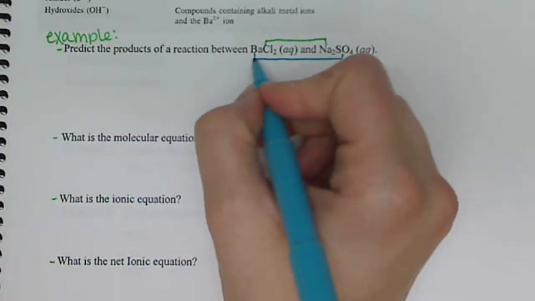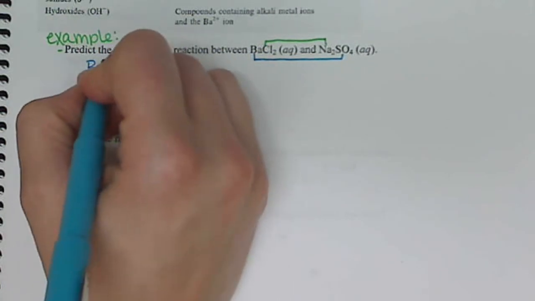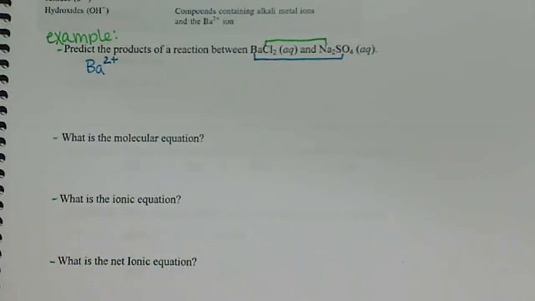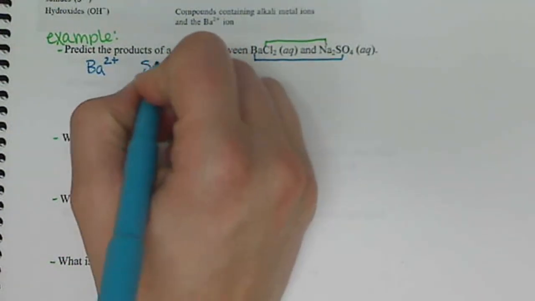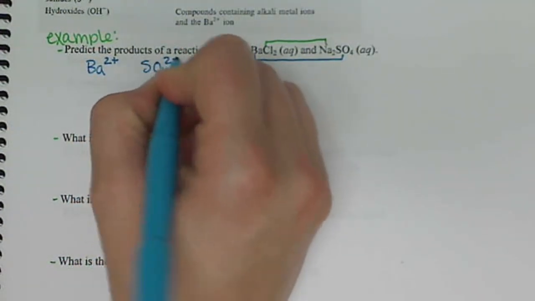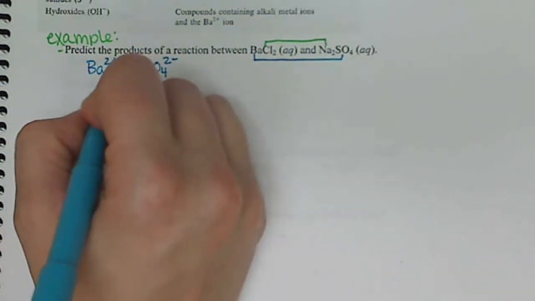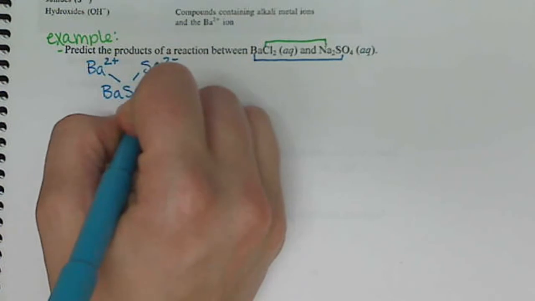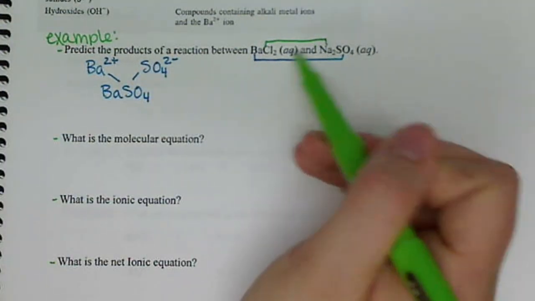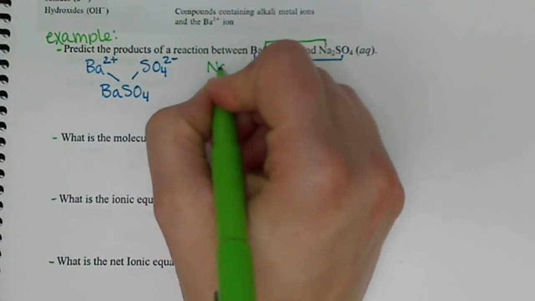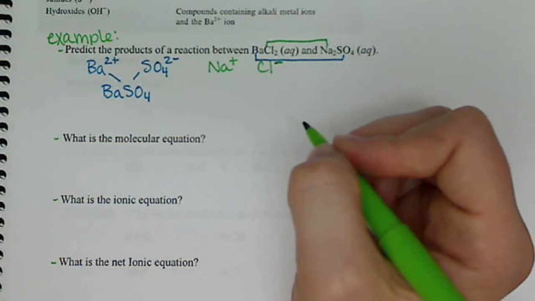So we want to look at how these split apart. We have the barium ion, which is 2+, and it's going to combine with the sulfate, which is SO4, 2-. So these two combine to give BaSO4. Then with our sodium and our chloride, sodium is a +1, chloride is a -1.